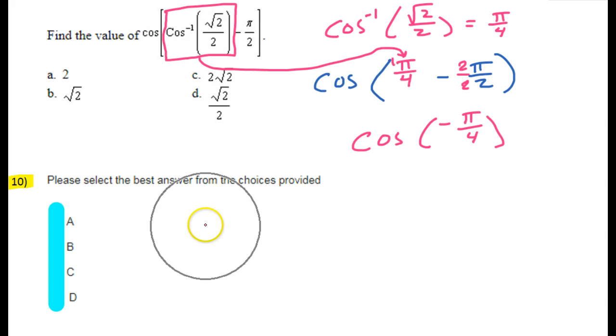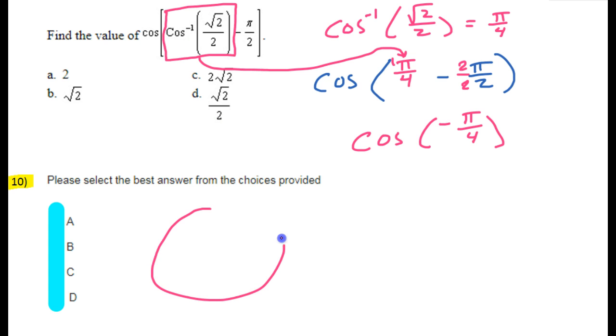Well, now I feel silly for erasing the picture that I had before, okay, because now I need it again. All right, so this is a picture of multiples of pi over 4.